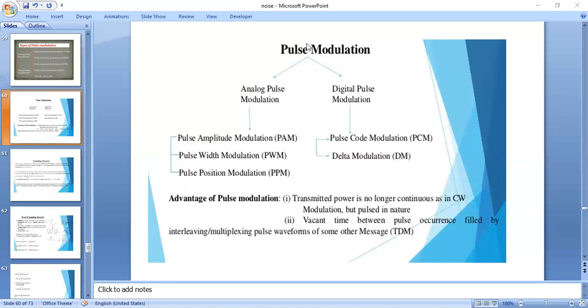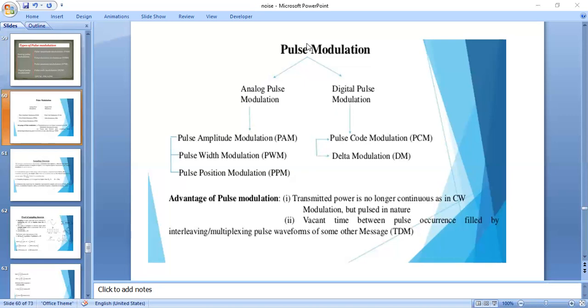The difference between these two techniques is that if the carrier pulse carries analog information, that is analog pulse modulation. If the carrier pulse carries digital information, that is called digital pulse modulation. In analog pulse modulation, the applied information signal is continuous in nature, but the carrier will be in pulse form.